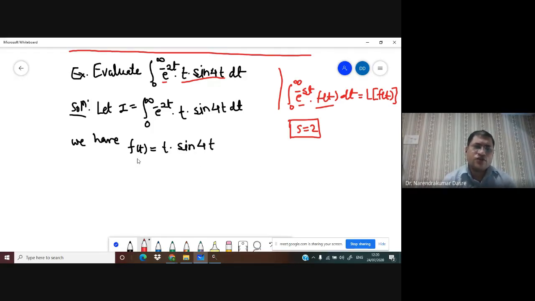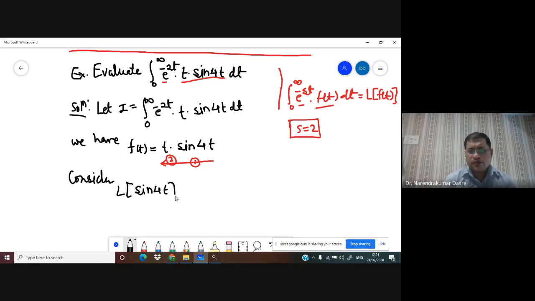And now if I want to find out the Laplace transform of this, I know this is going to be the property multiplication by t. So first I have to find out the Laplace transform of sine of 4t, and then I have to use the property multiplication by t. Okay, so consider the first step, Laplace transform of sine of 4t. Okay, so what will be the Laplace transform of sine of 4t?